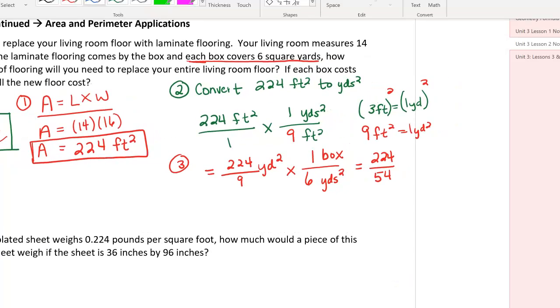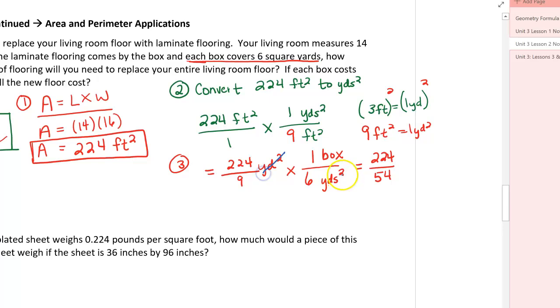Our yards squared will cancel, and we'll be left with boxes. But that doesn't really tell me how many boxes I'll need. So 224 divided by 54 gives me 4.15 boxes.